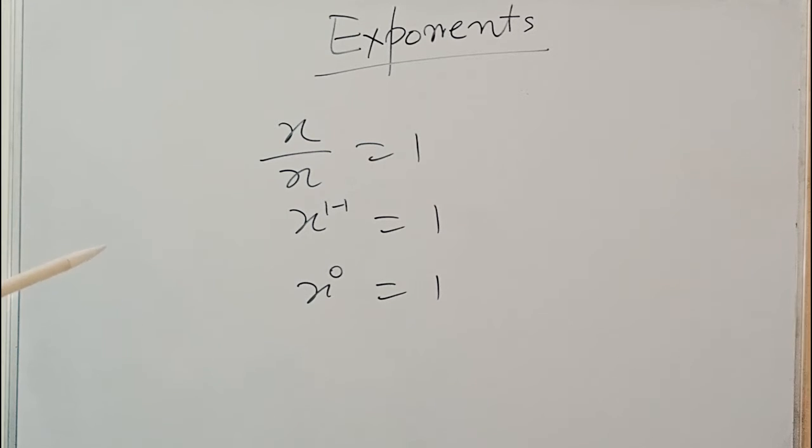So what will we have? The power will be subtracted from the power of the numerator. So we write x to the power 1 minus 1 equal to 1. Obviously it is 1. And x to the power 1 minus 1 is x to the power 0 equal to 1. So remember that whenever we have a number with the power 0, that will give the answer 1.